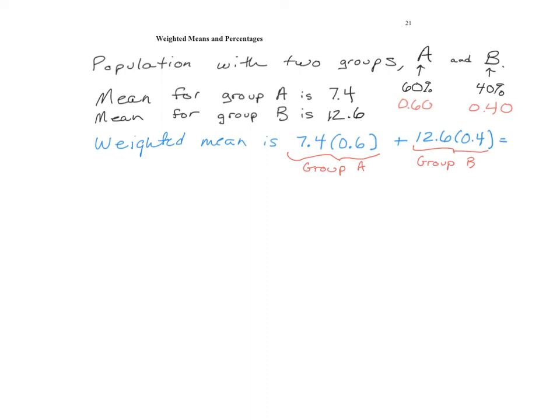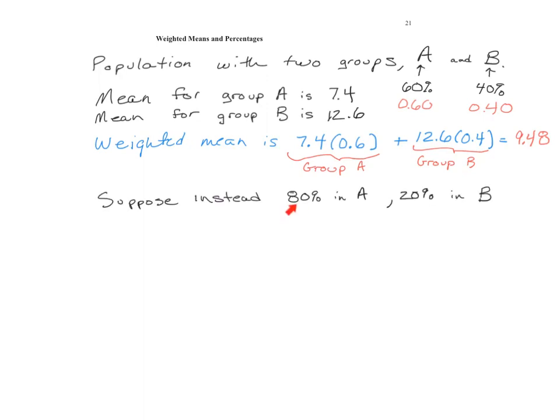So if you punch those numbers in your calculator, you should end up with 9.48. And notice that this number is closer to group A's mean than group B, and that's because there's a larger percentage of the people in group A than in group B.